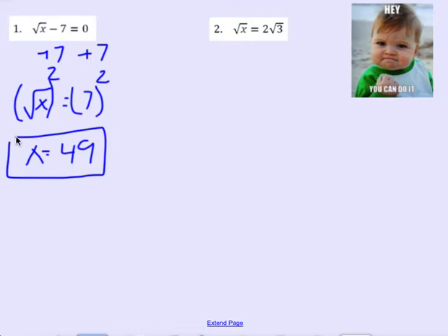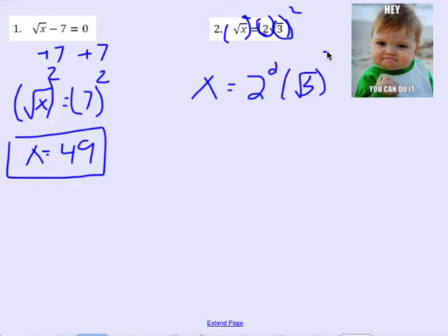Now, number 2 is kind of confusing because we have that coefficient on the outside, but we actually have square roots on both sides. So I'm going to square it right away to get rid of those square roots on both sides. The square root of x squared is just going to cancel to x. Now I need to square each part of these. I take 2 and square it, then I take the square root of 3 and square it.